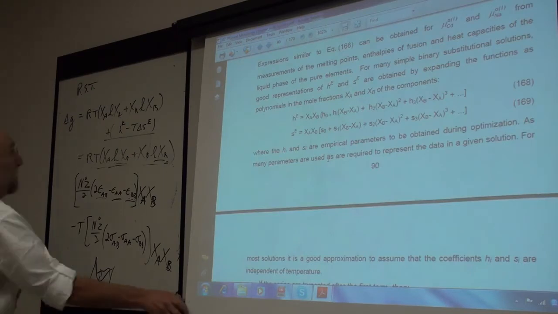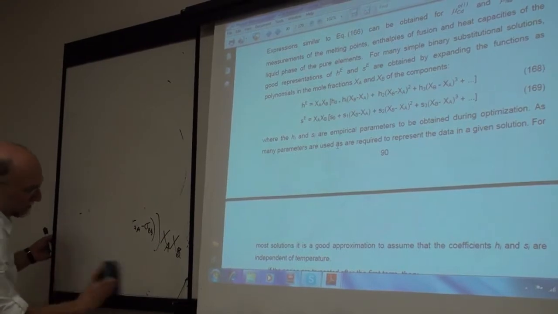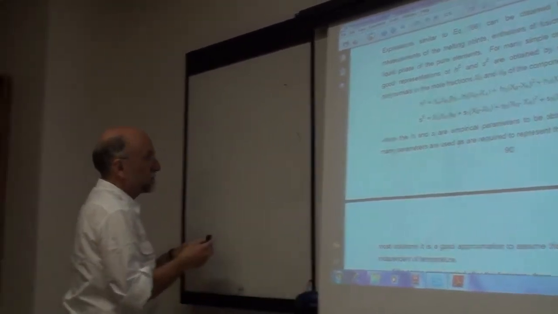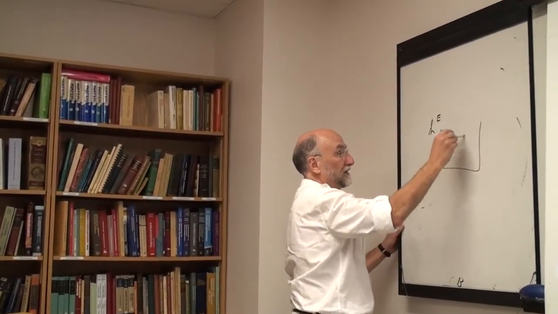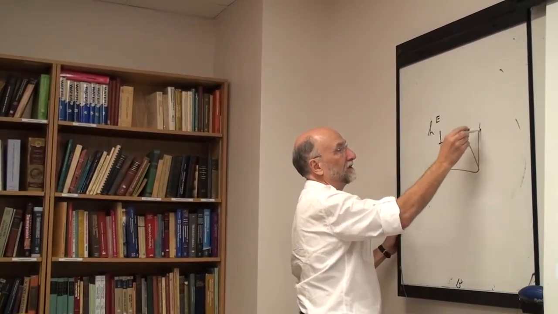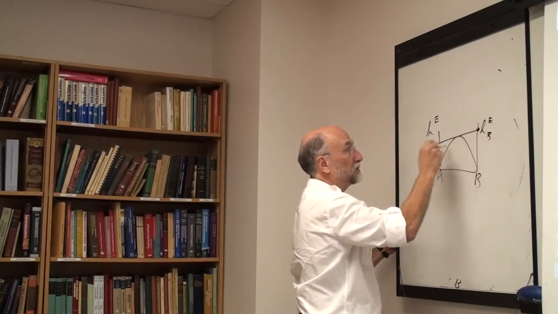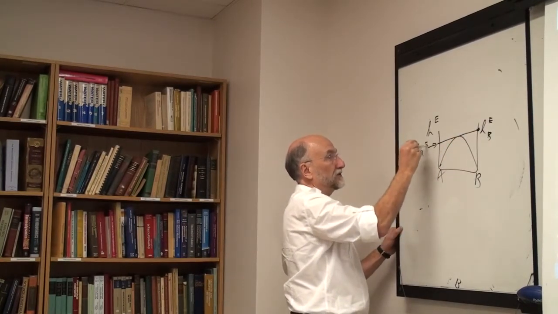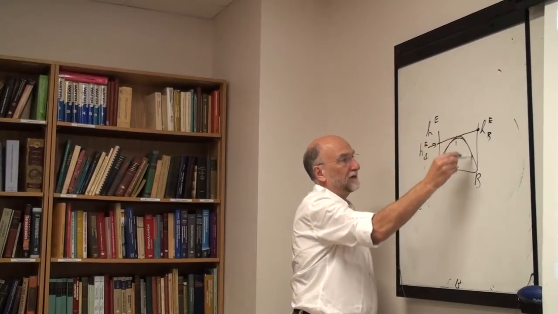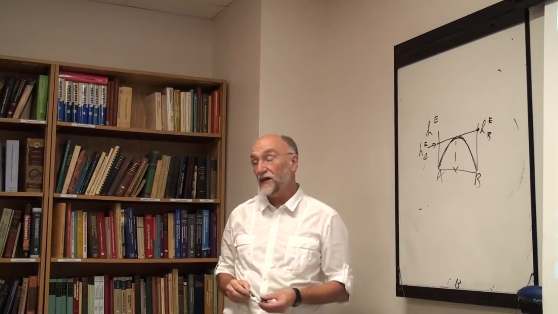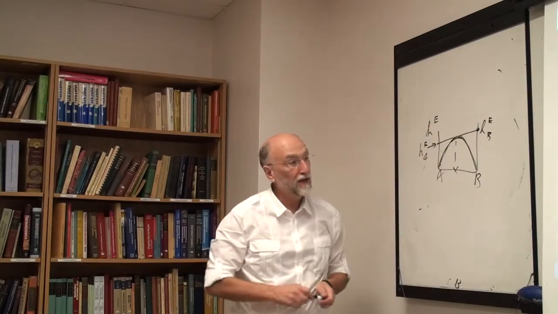And of course it's based upon the tangent rule. If this is HXS, if HXS looks like this, then this point here is HXS of B, and this point here is HXS of A at this composition. Okay, so if I have a polynomial expansion for HXS, I can obviously differentiate it and get a polynomial expansion for that.